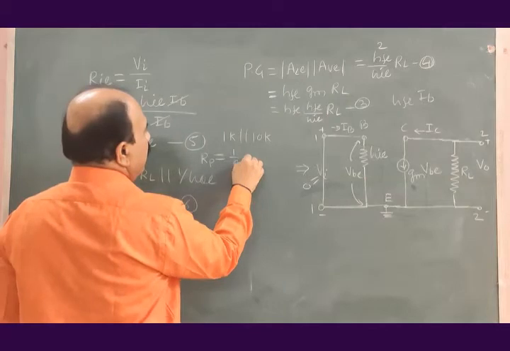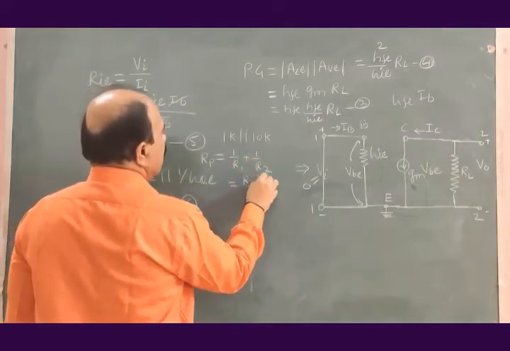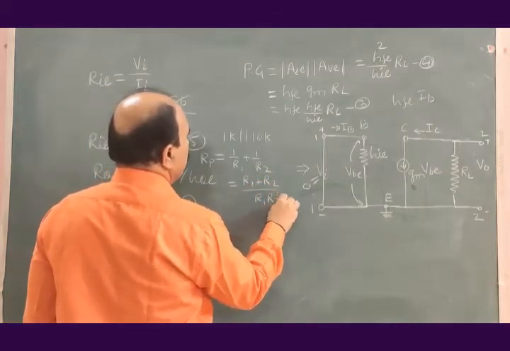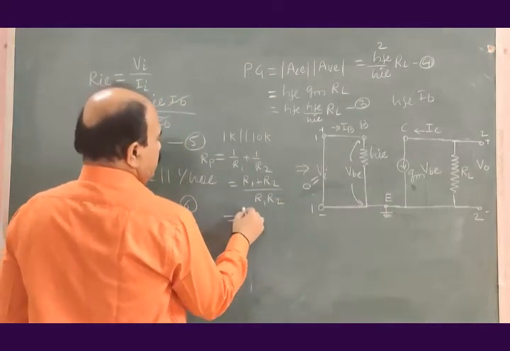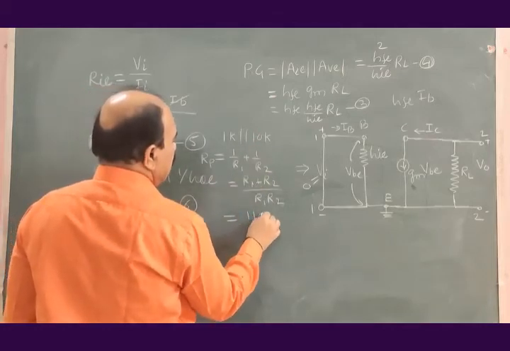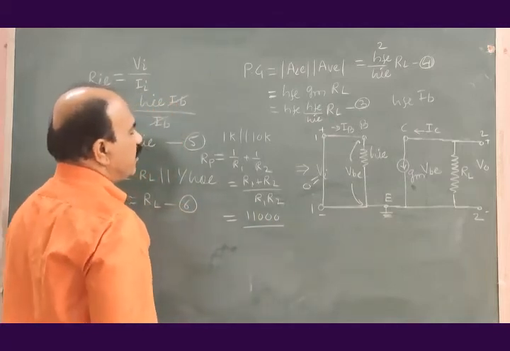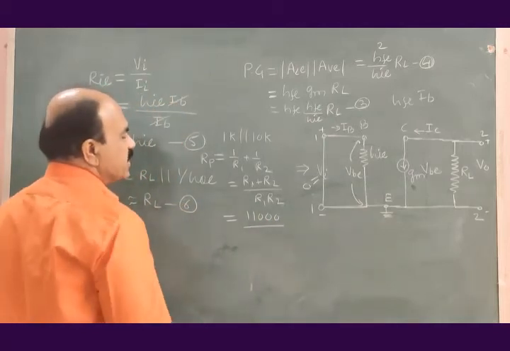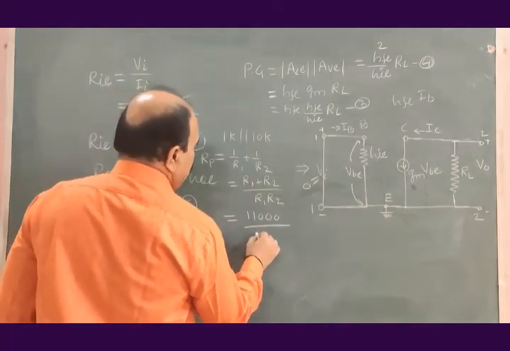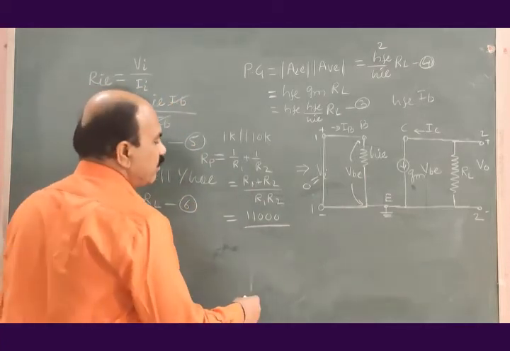1 by R1 plus 1 by R2, that is R1 plus R2 divided by R1 R2. This is 1000 plus 10,000, 11,000, divided by the product of 1K and 10K. How much is it? 1K is 10 to the power 3, 10K is 10 to the power 4.